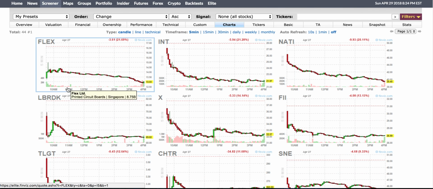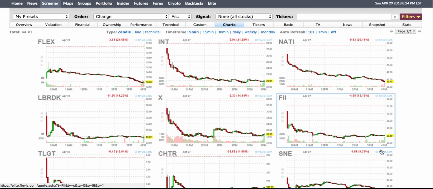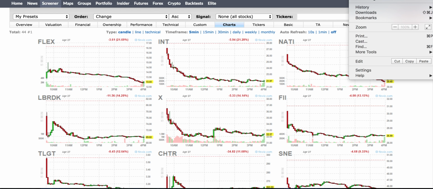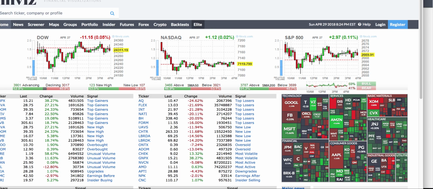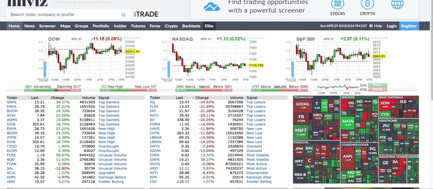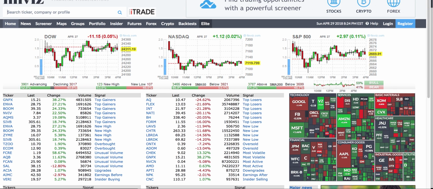If you do not have the Elite version, let's say I open up Finviz in a new incognito window and go to finviz.com, and we don't have access to the Elite version.